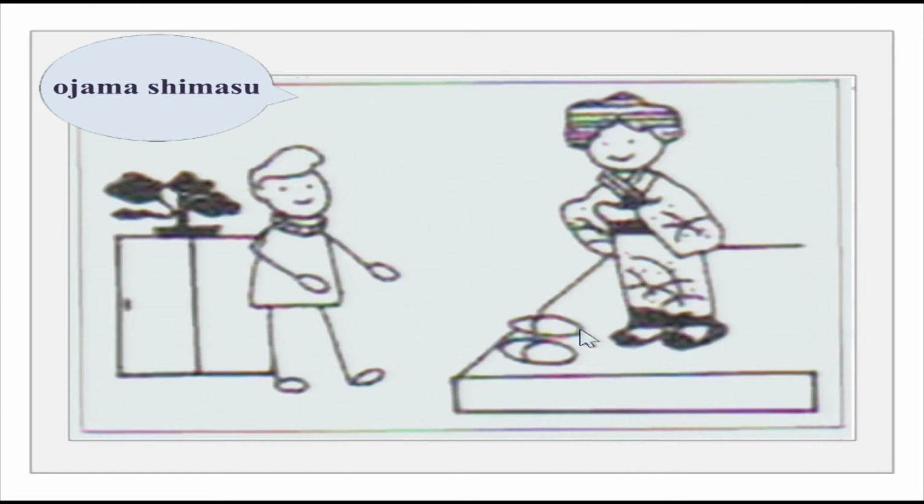So, what do you say over here? Ojama shimasu, as I just told you, is the first phrase that you say when you enter or are about to enter someone's house. Jama means to be in the way, to disturb someone, and o is honorific. Ojama shimasu. I am intruding on your privacy.